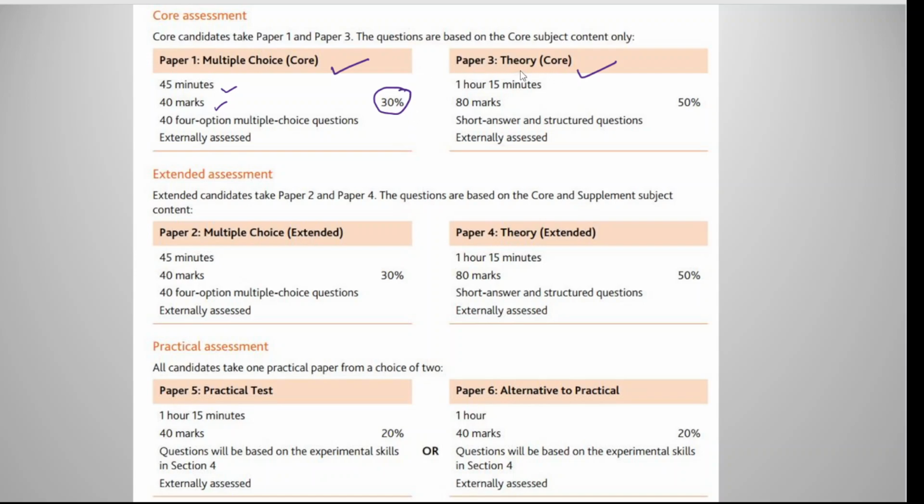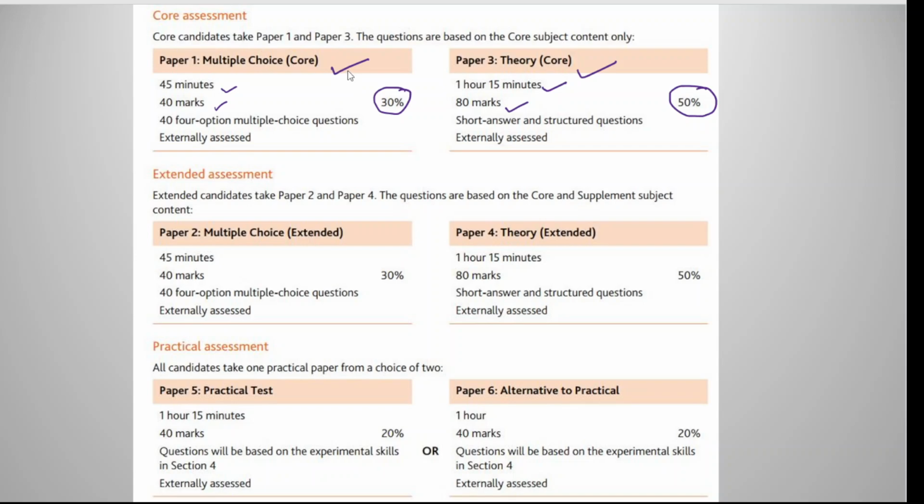Paper 3 is theory, core. We are talking about core for now. So you get an 80 marks paper and the time you get is 1 hour 15 minutes, and the weightage of this paper is 50%. So the weightage of paper 3 theory paper is more than the multiple choice paper.